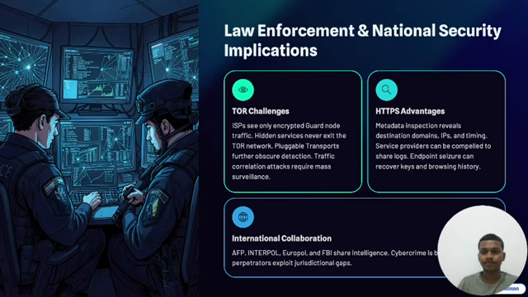By comparison, HTTPS traffic still exposes metadata, making it easier for investigators to identify communication patterns and obtain information through lawful channels. Because cybercrime often crosses international borders, agencies such as the AFP, Interpol, Europol, and the FBI frequently collaborate on the investigation.